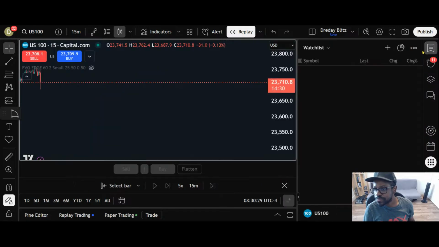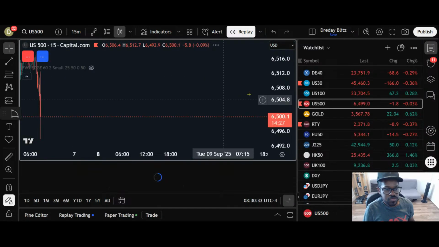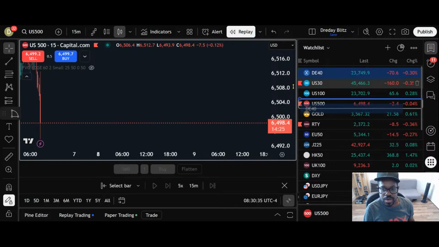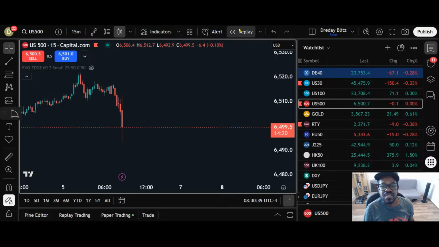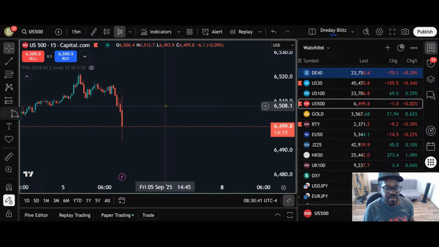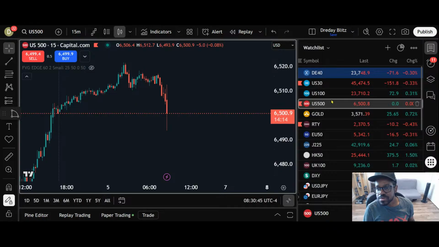It would be the same thing for S&P 500, should be the same move.